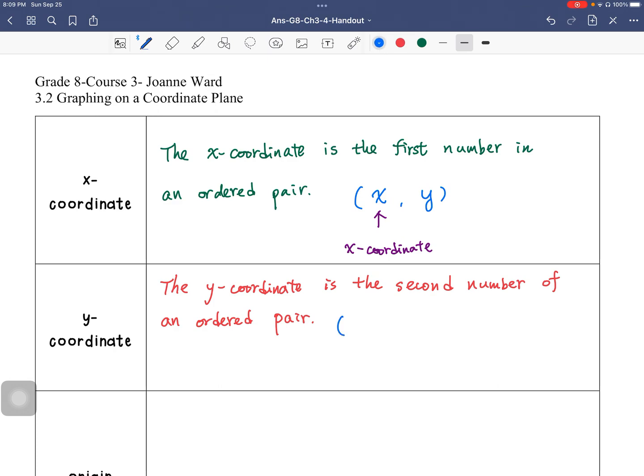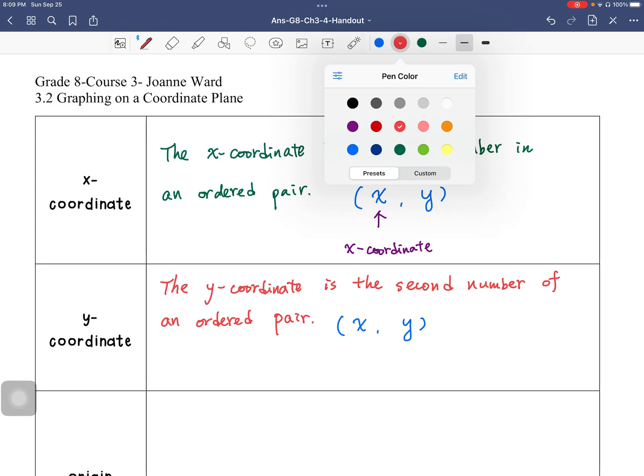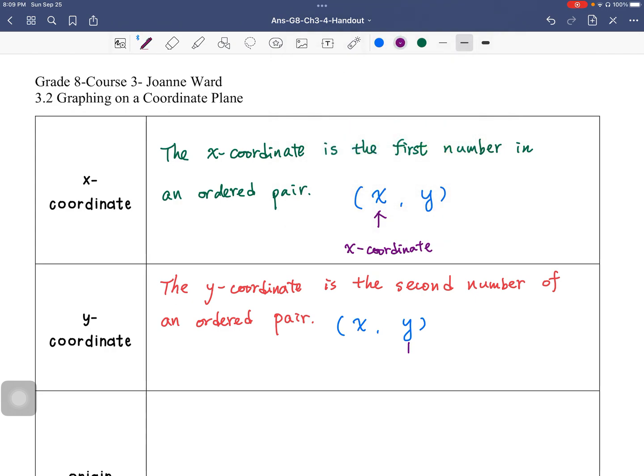So now you have x and y. So this is the y coordinate. The y coordinate is the second number of the ordered pair.